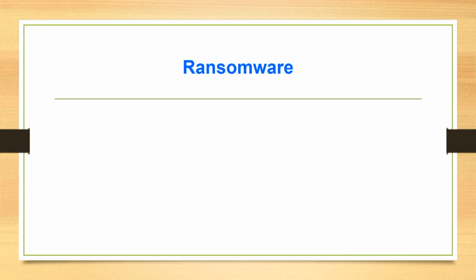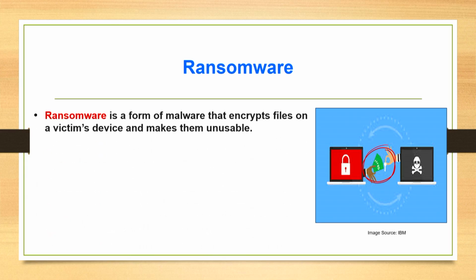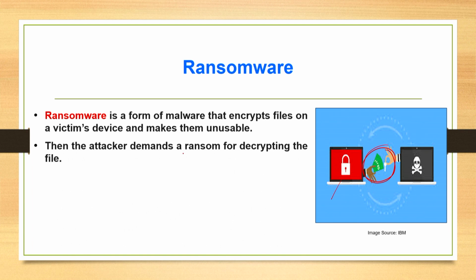Another type is ransomware. With ransomware, you have your data, your file is there, but you are not able to open it as it gets encrypted by the attacker, and the attacker demands a ransom for decrypting the file so that you can access your original file.